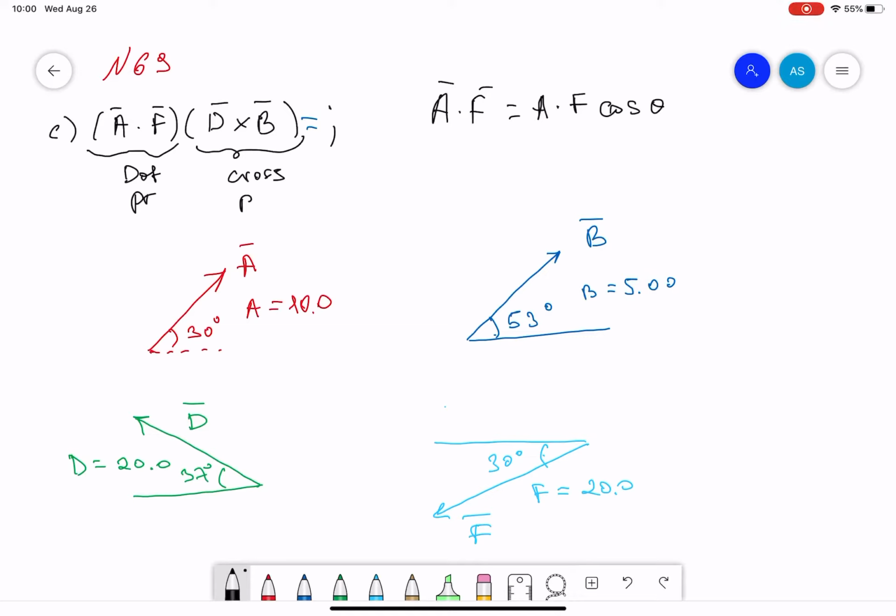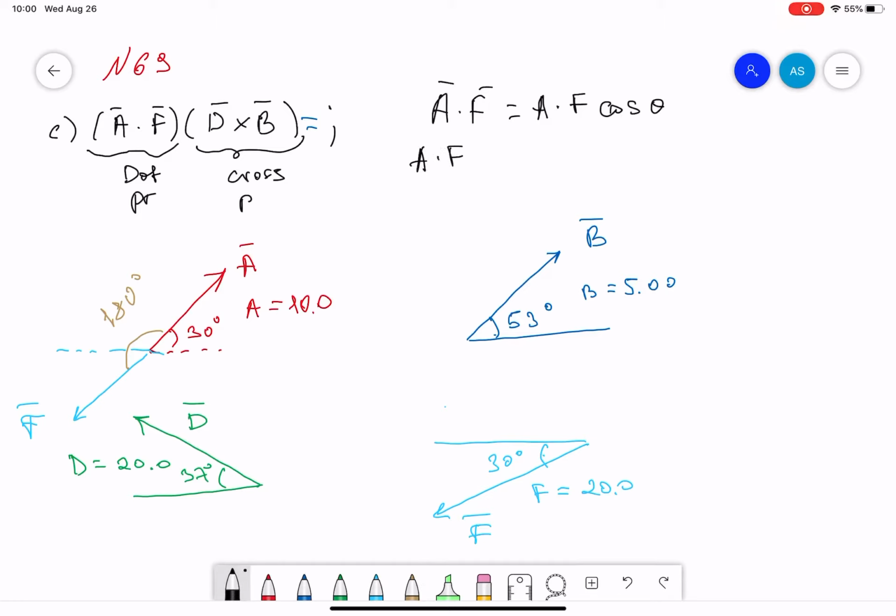That's what we have to find. So our f vector, we're going to transfer it here. The f vector is this one. Now the angle between them, as you can see, will be 180 degrees.